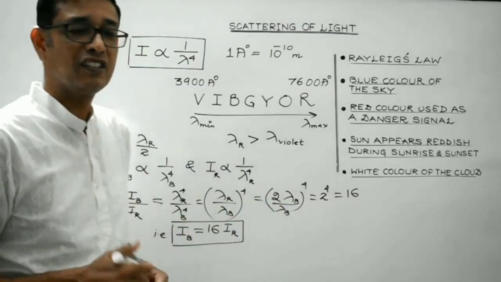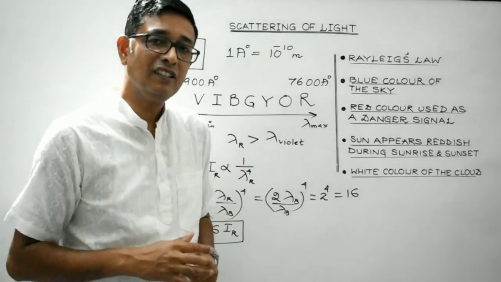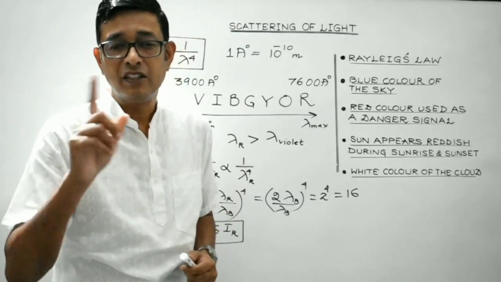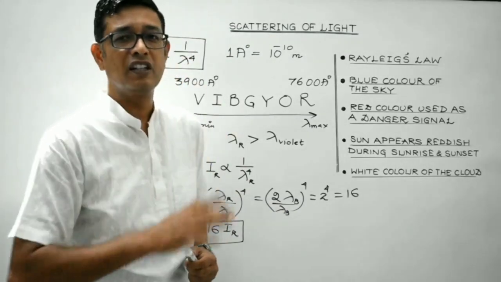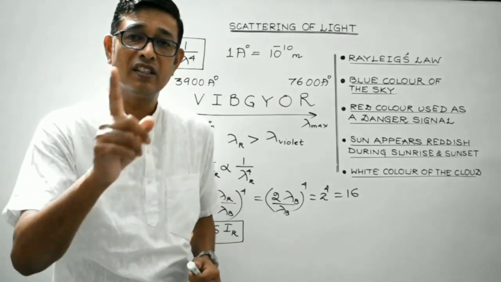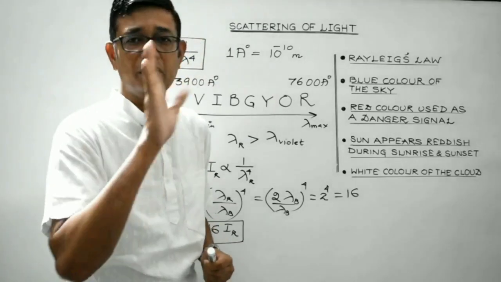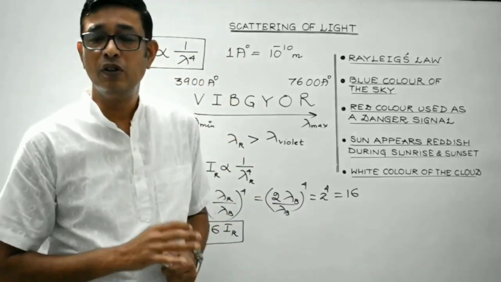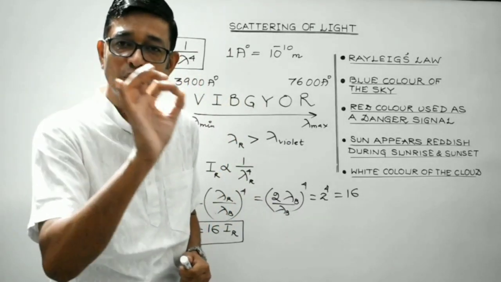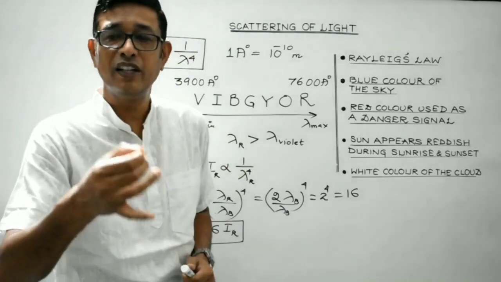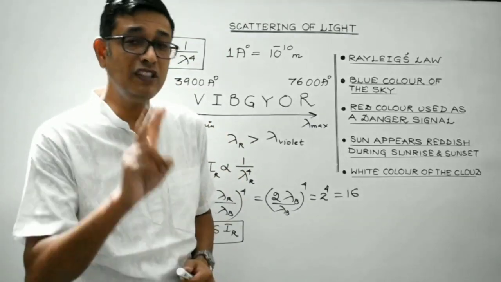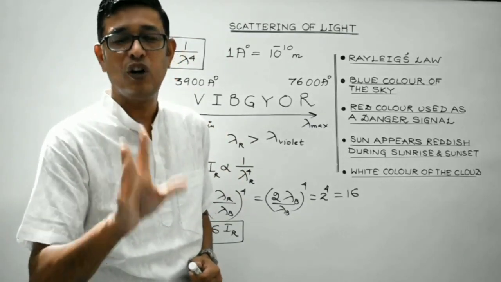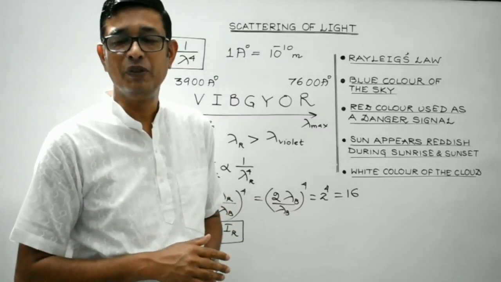And the second reason is, students, our eye's sensitivity is different for different wavelengths or different colors. It is most sensitive to the green color. But out of blue, violet and indigo, it is more sensitive to blue color as compared to violet or indigo. So these are the 2 basic reasons why the sky appears to be blue.